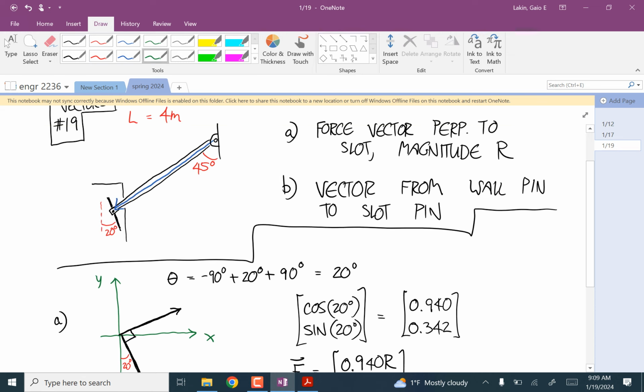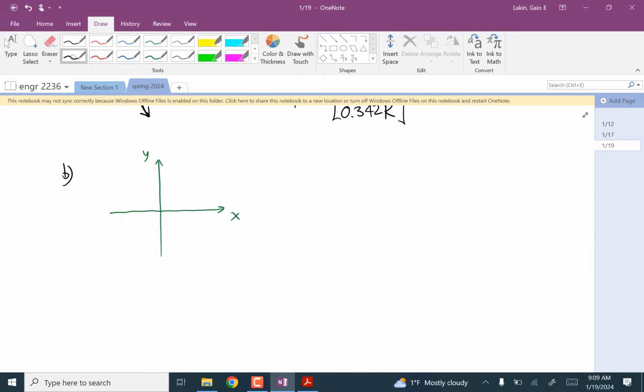We're given that the vector we want makes an angle of 45 degrees with the negative y-axis. That's what's given on the diagram. And so to use cosine and sine with this, the theta that you would want, you could think of it as 180 plus 45, so 225 degrees.